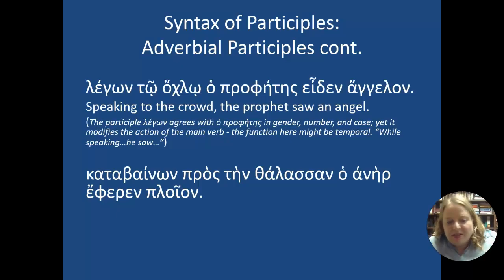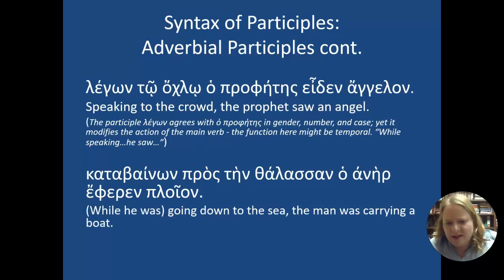Here's another example of this. Katabainon pros ten thalassan, ho aner epheren ploion. And so here you've got going down to the sea, the man carried the boat. And I guess he was carrying the boat while he was going down to the sea, but when he was going down the sea, he was carrying a boat.